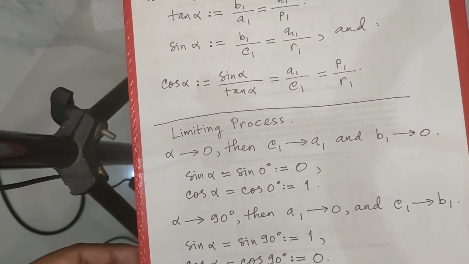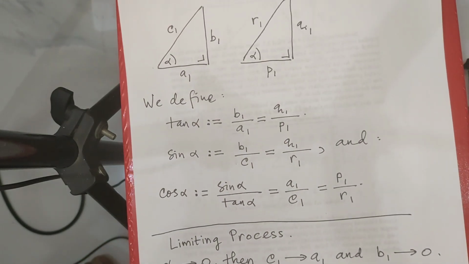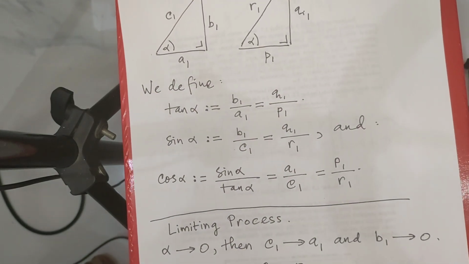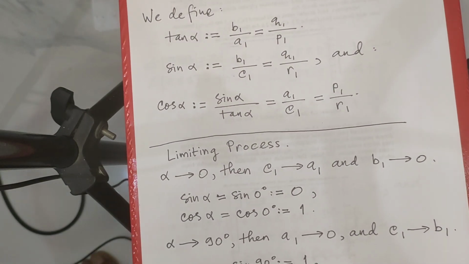Suppose alpha is near to 0, then using the first diagram, C1 is near A1 and B1 near to 0. So we can define sine of 0 and cosine of 0 equal to 0 and 1 respectively.